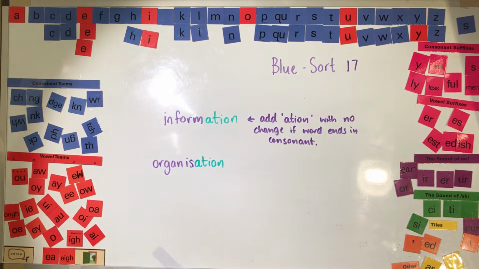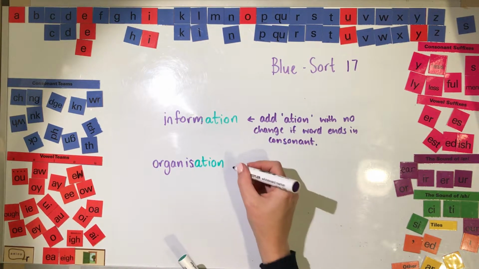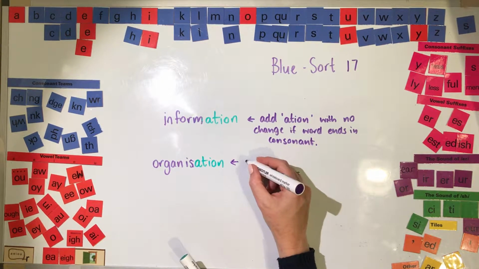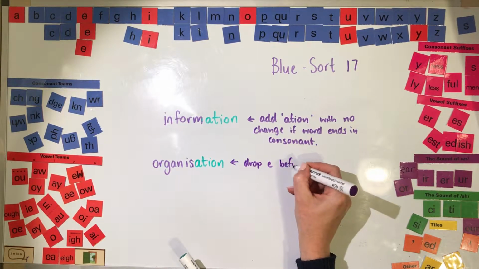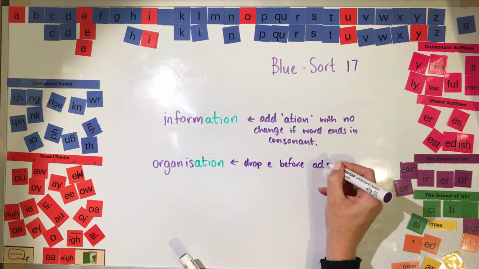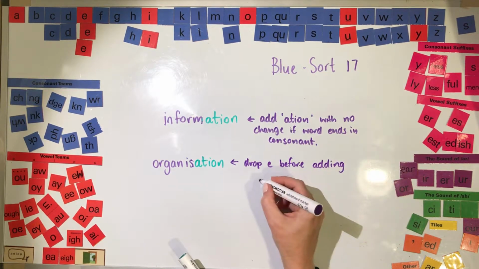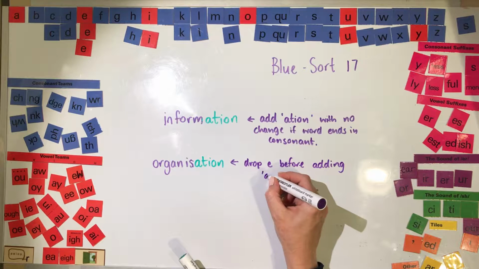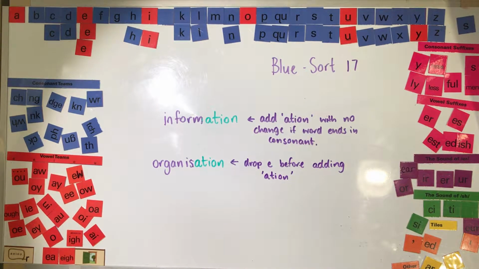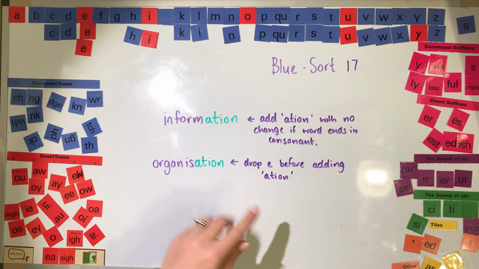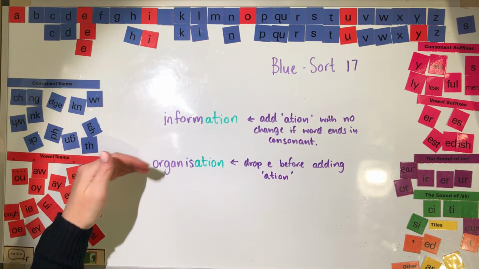Hopefully you think that looks correct. Organisation. So drop E before adding ation. Okay, so these are our 2 types of ation words. One we do no change, one we have to drop the E.